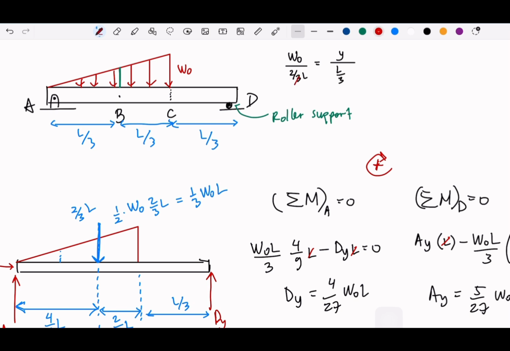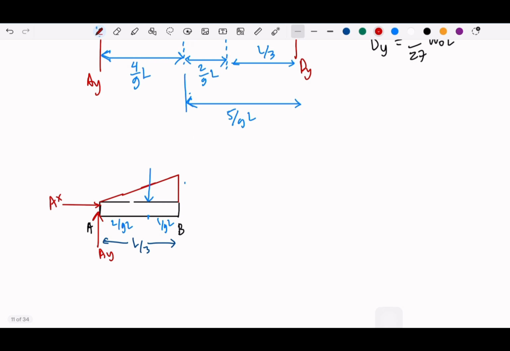So we have that Y is W0 over 2. Don't forget that.